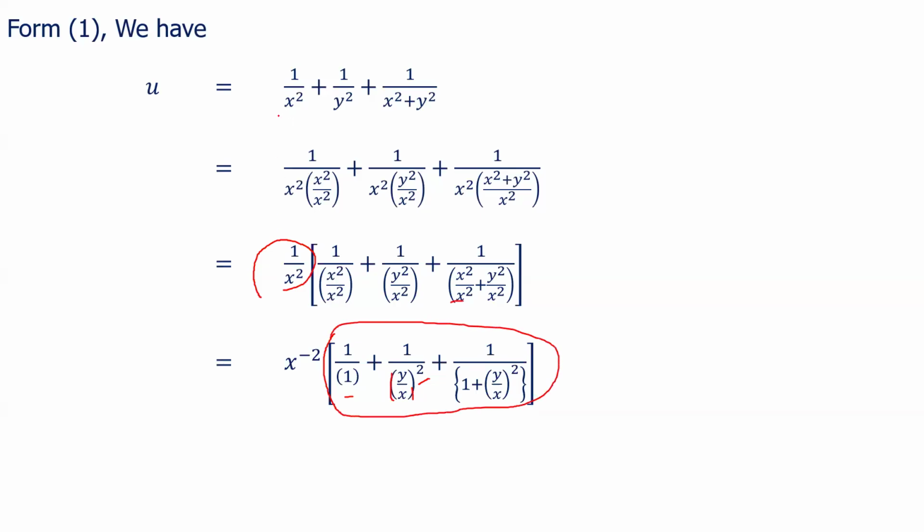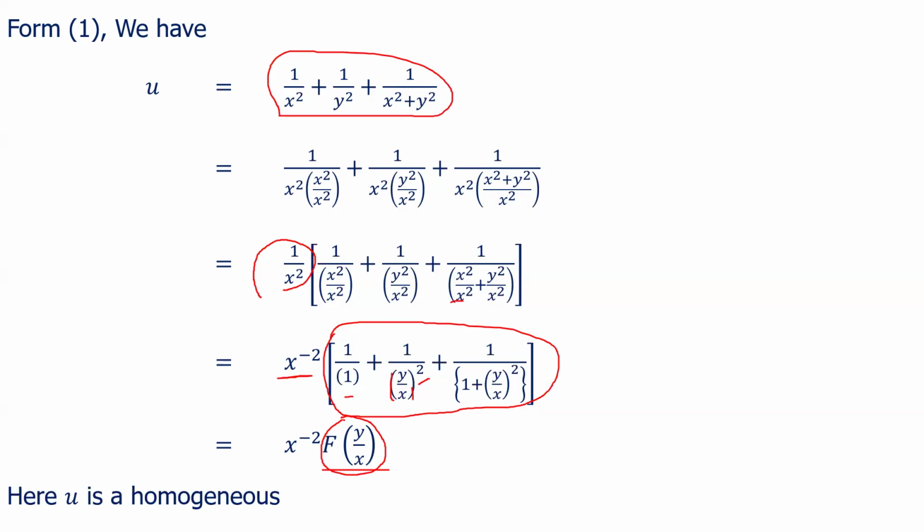So the total degree of this expression is based on x to the power minus 2, which is multiplied with f of y by x, and this f of y by x is a function of y by x whose degree is 0. So clearly here u is a homogeneous function of x and y of degree minus 2.